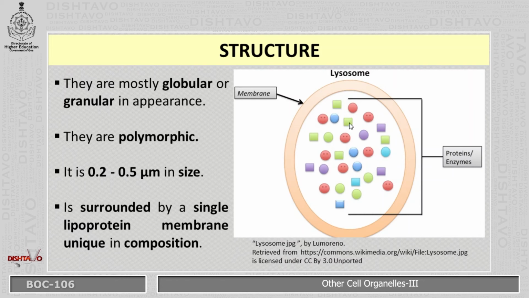So this membrane, what is marked in the structure, is a lipoprotein membrane, unique in composition because the membrane is made up of lipids and proteins. That's why it is called a lipoprotein membrane.